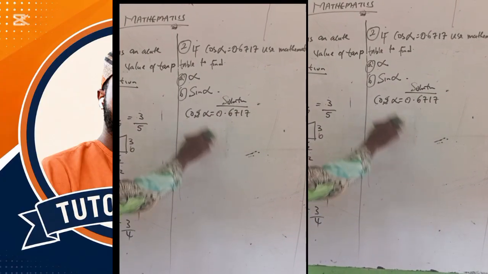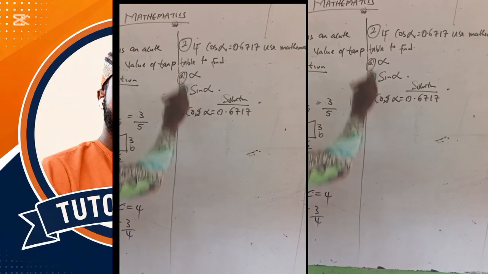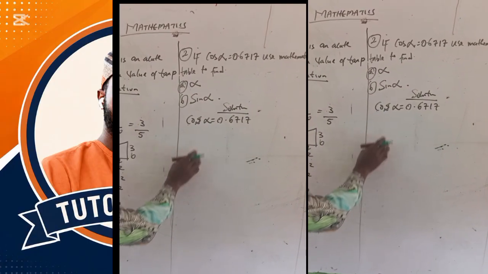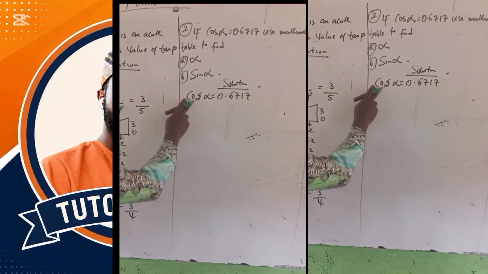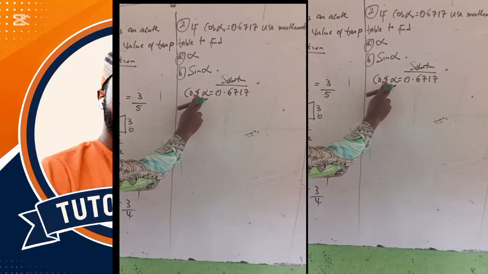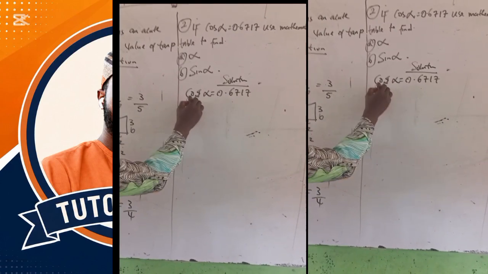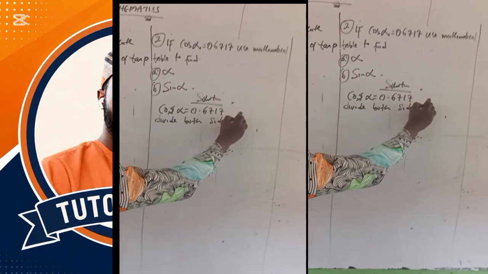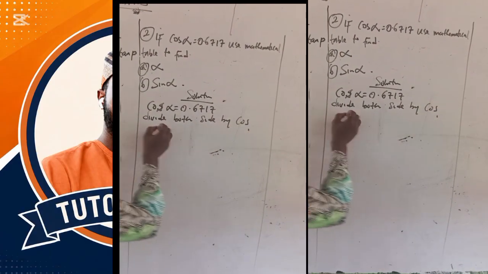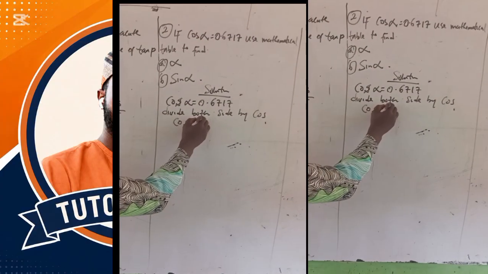Is that clear? Yes. The first question says I should find this alpha. So what you need to do is divide both sides by cos, so that I can be left with alpha.